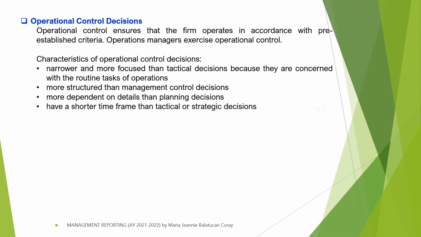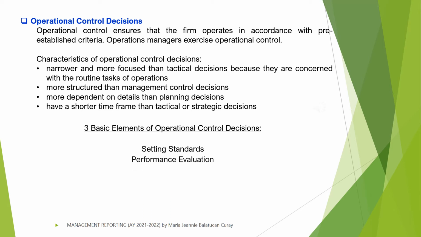It is more dependent on details than planning decisions, and it has a shorter time frame than tactical or strategic decisions. We have the three basic elements of operational control decisions: setting standards, evaluating performance, and taking corrective action.